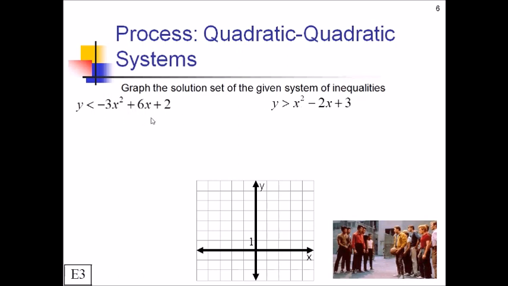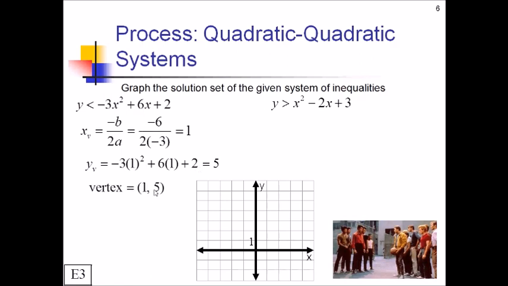All right, let's tackle our first parabola. Negative b over 2a. So we've got negative 6 over 2 times negative 3. That's going to be 1. Plugging 1 back in, we've got negative 3 plus 6, which is positive 3, plus 2 gives us a grand total of 5. So vertex at 1, 5.